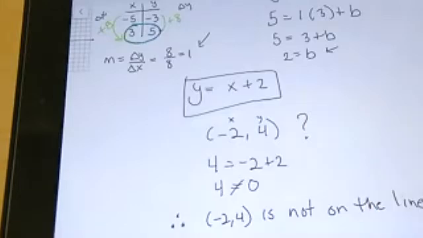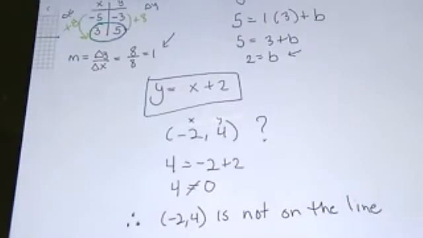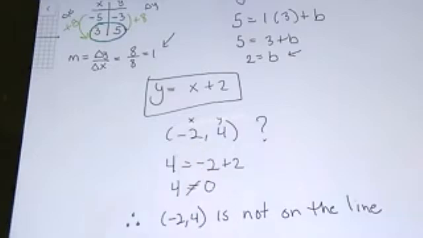Again, if you prefer solving graphically, graph the line. Find (-2, 4) on your graph, and you will see that no, it's not anywhere near the line. So (-2, 0) is what would be on the line, not (-2, 4).